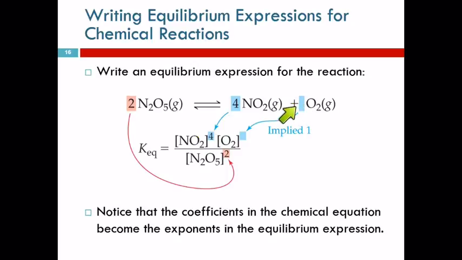Oxygen has an implied coefficient of 1, and so we take its concentration to the 1st power. You could write it if you want to, but it's not necessary. And so those are the products, and then we're going to divide by the reactant concentration, N2O5, to the 2nd power because it has a coefficient of 2. So the coefficients from the chemical equation become exponents in the equilibrium expression.